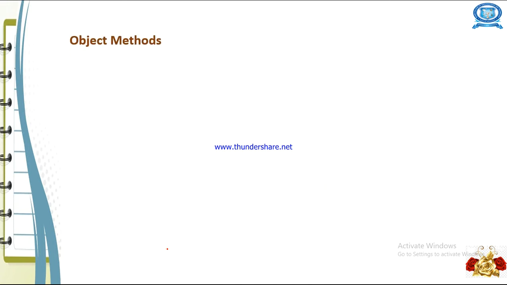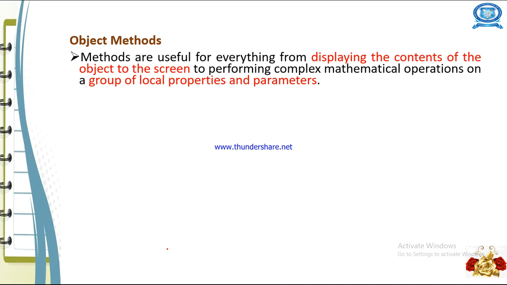Now, what is an object method? Normally these methods are very useful for displaying the content of the object onto the screen. If you want to display any content or message on a web page, you have to use a method function, and also for performing complex and mathematical operations.